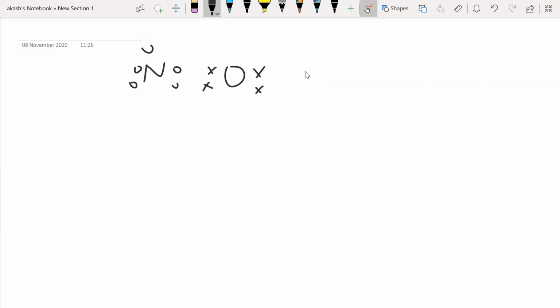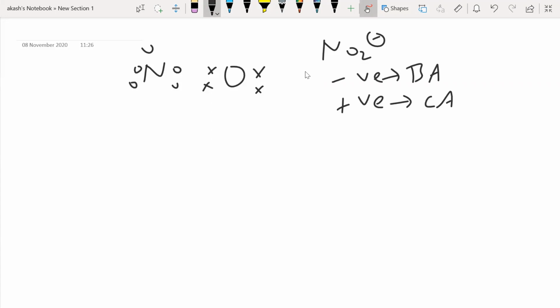So I'm going to take NO2 minus. Whenever you have charges coming into the picture, remember that the negative charge should go to the bonding atoms, and the positive charge should go to the central atom. This is one way of looking at it.